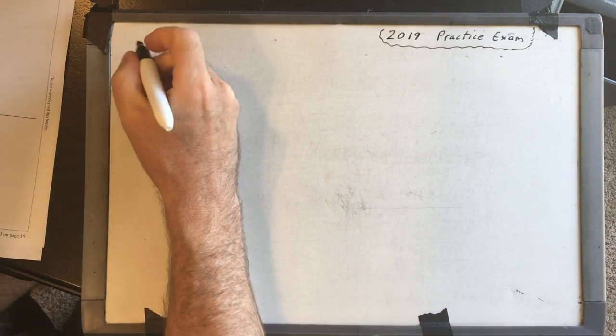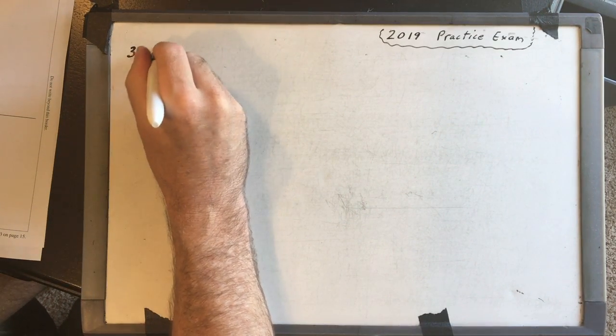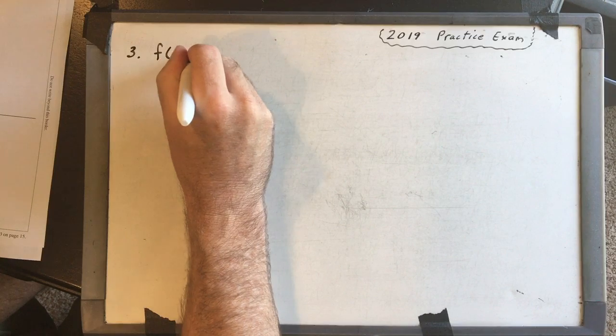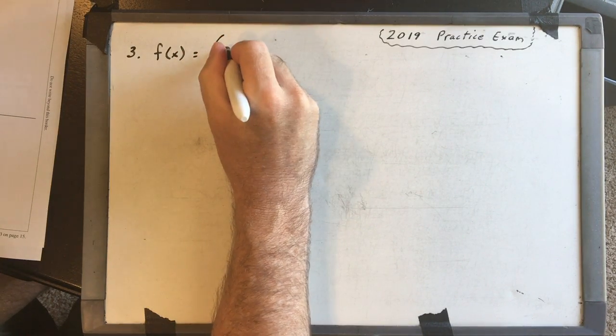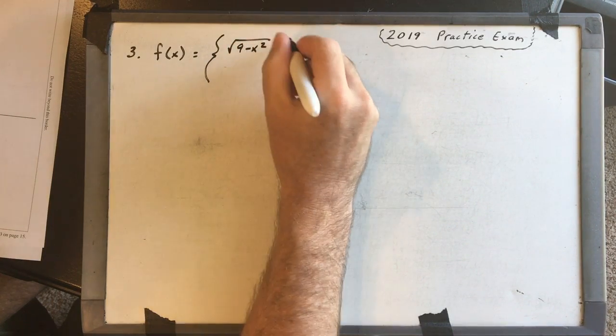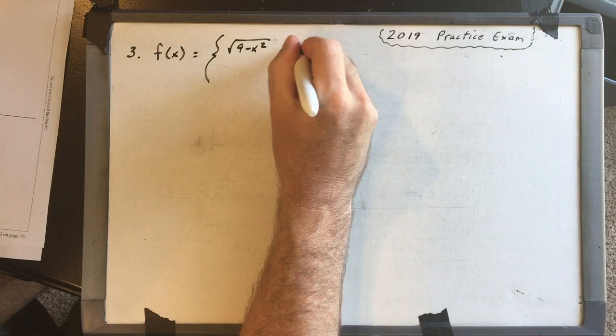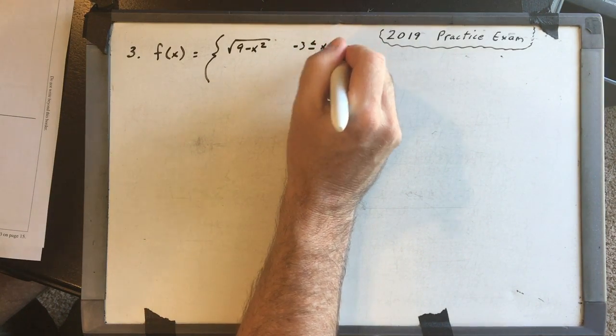Okay, number 3, I think the possibility exists that all 4 parts. So we have a function. It's a piecewise function. So got the square root of 9 minus x squared for when x is between -3 and 0.